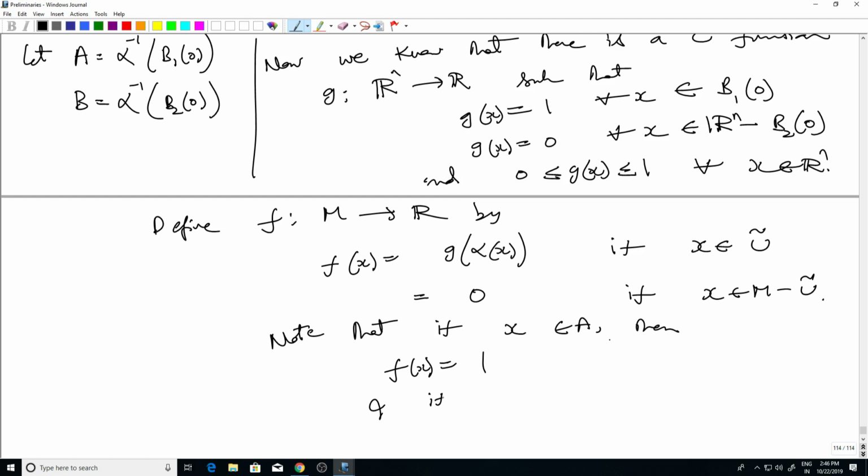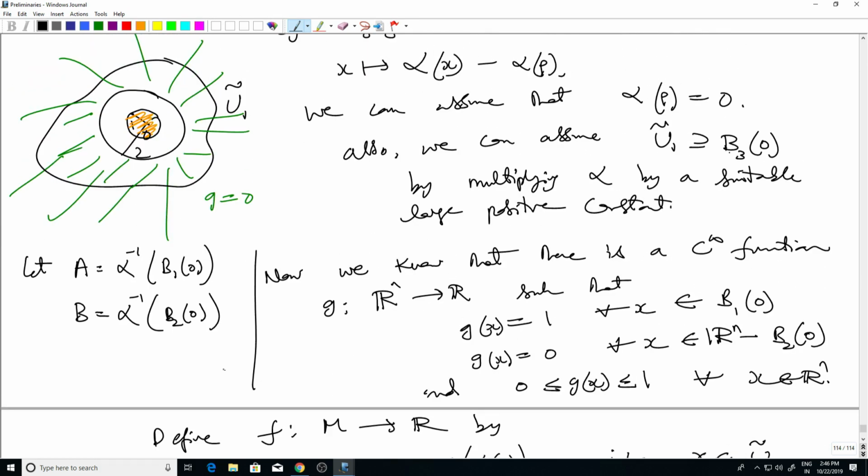And if x belongs to U tilde minus B, then when I go via this chart map, I'll end up in this green part in U1 tilde, and we know that g is 0 there.